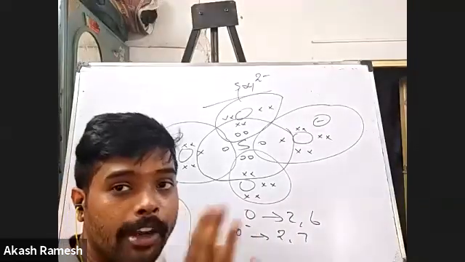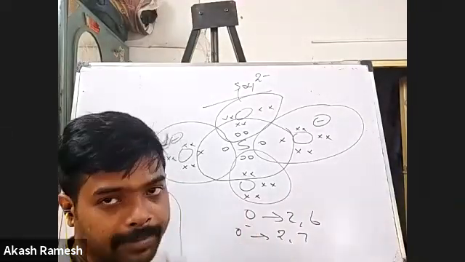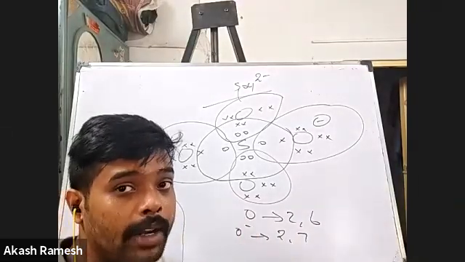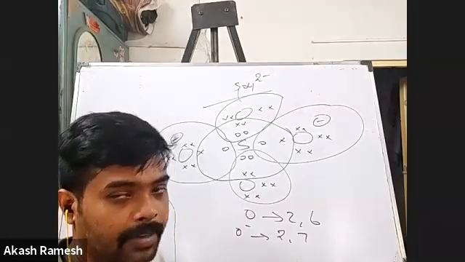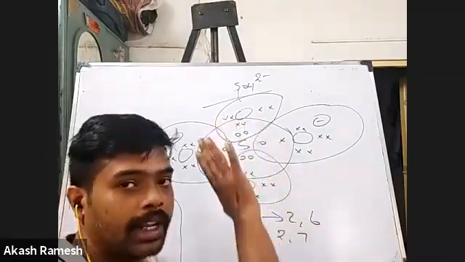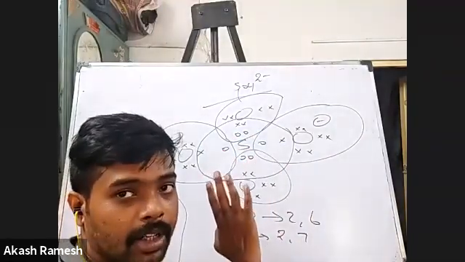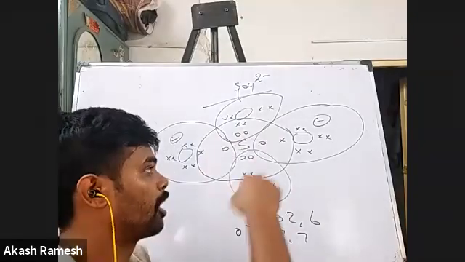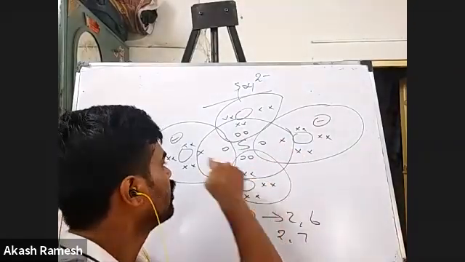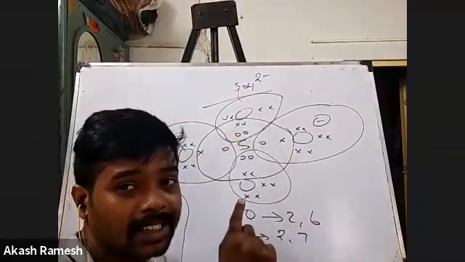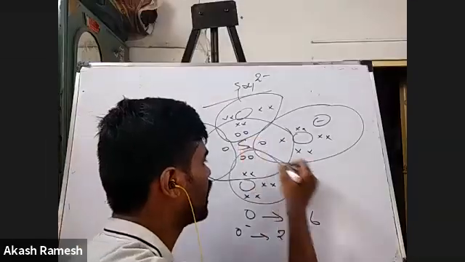Now we'll see how many valence electrons are there on sulfur. Sulfur already had 6 valence electrons. When the bond was not formed, it had 6 valence electrons. Now see how many extra electrons are coming. 1, 2, 3, 4, 5, 6. So totally how many electrons does sulfur have?